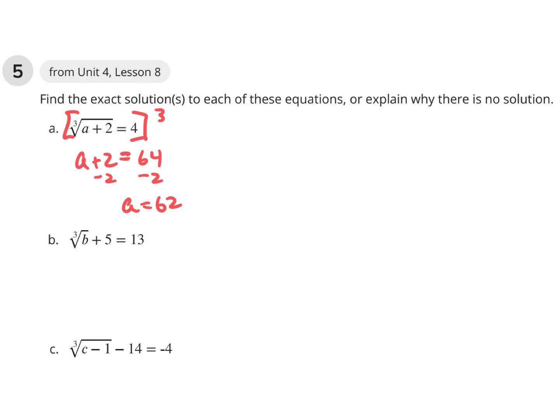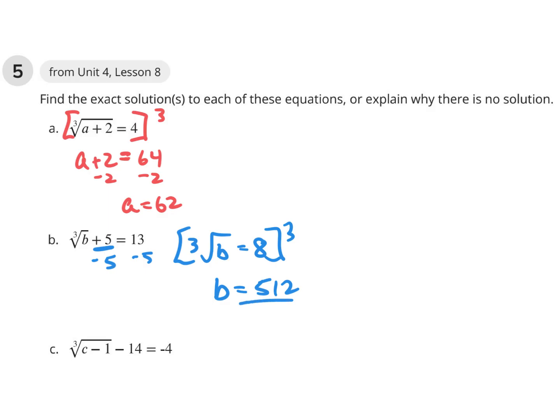Okay. The minus 5 is not under the radical sign, so get rid of it. So the cube root of b equals 8. We have to cube both sides, and then b equals 512. Add 14 to both sides. The cube root of c minus 1 is equal to 10.